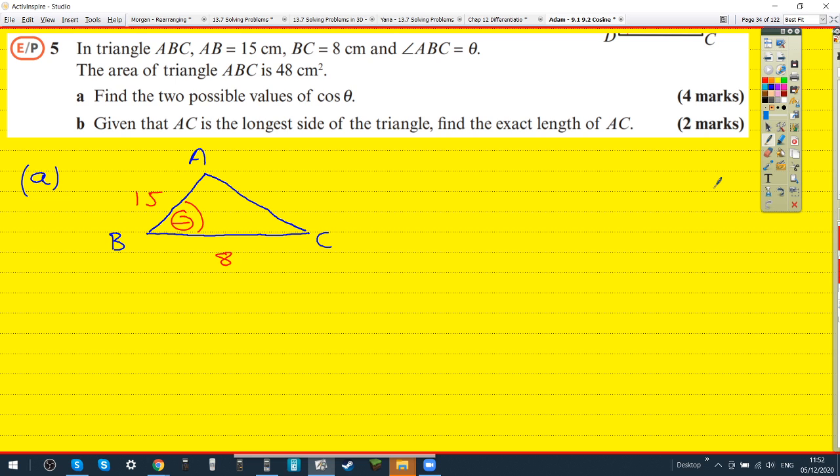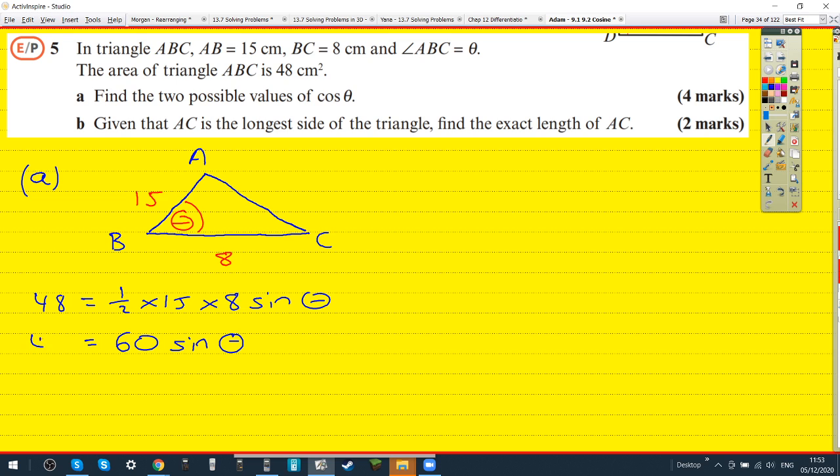So I did 48 equals a half times 15 times 8 times sine theta. And then I simplified, which gave me 48 equals 60 sine theta.